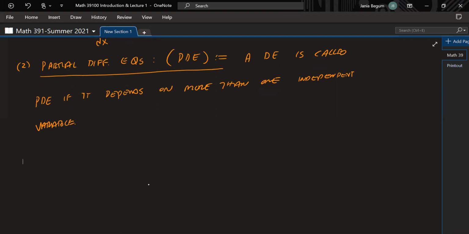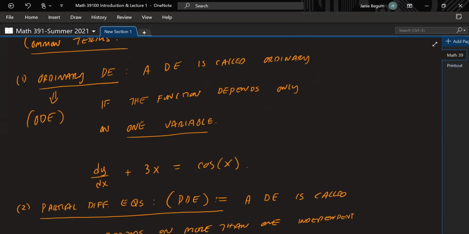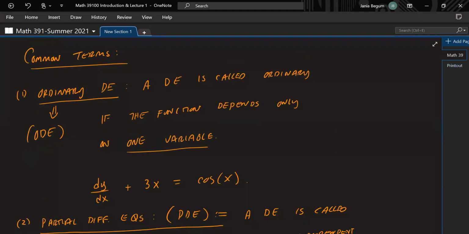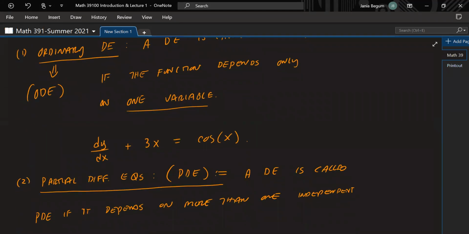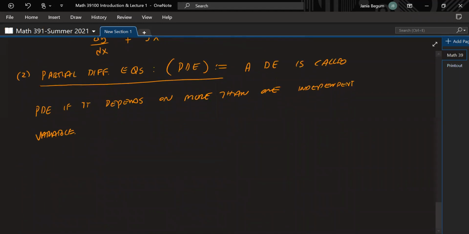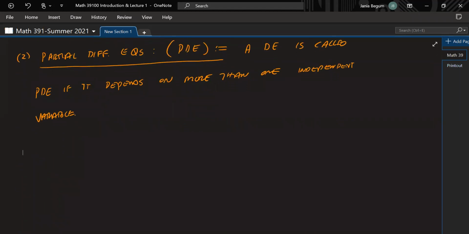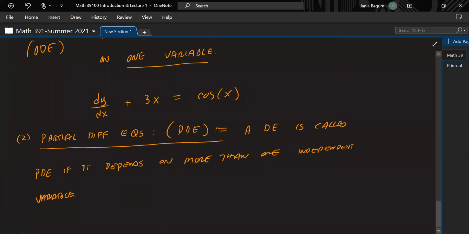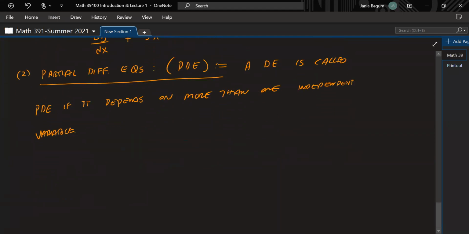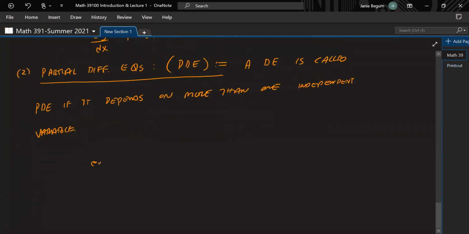So I was telling you guys about what is an ordinary differential equation and what a partial differential equation is, okay? So we wrote down an example for an ordinary differential equation. Now let me give you an example of a partial differential equation.